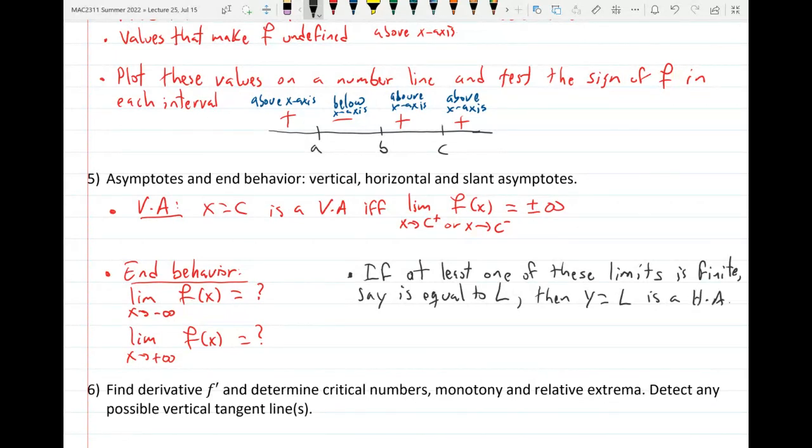So that's how you find horizontal asymptotes. You just look at the end behavior, and if one of these limits gives you a number, then you have yourself a horizontal asymptote.